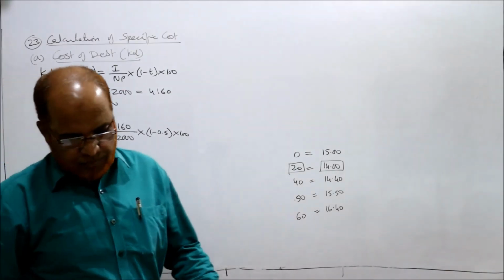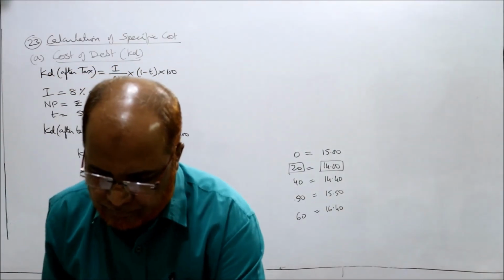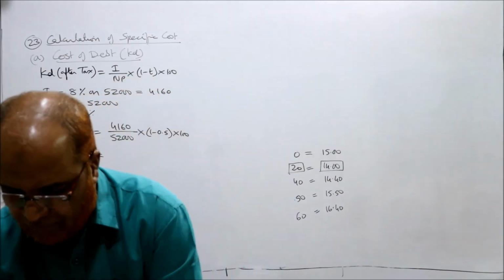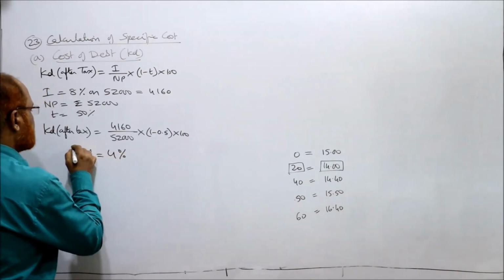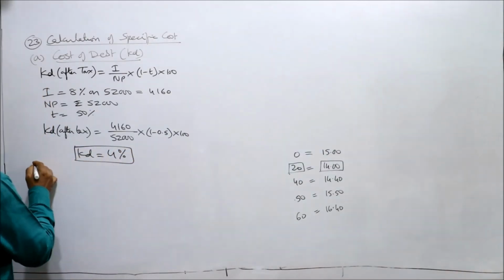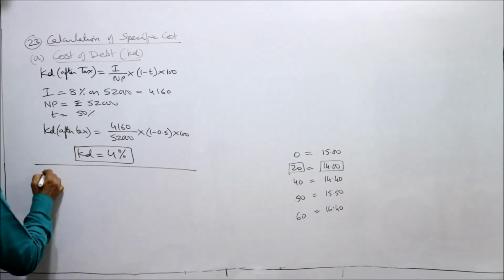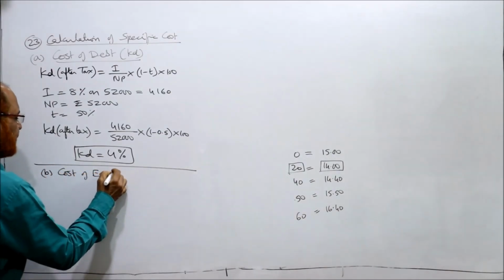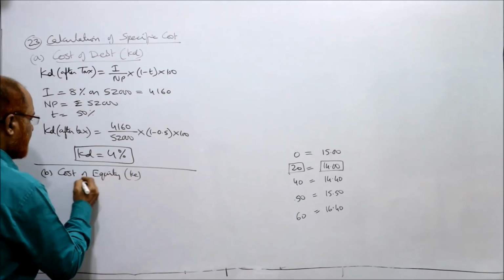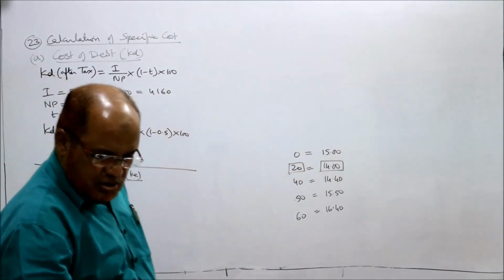KD is equal to 4%. KD is equal to 4%. Got it. Now we calculate B, cost of equity, KE.